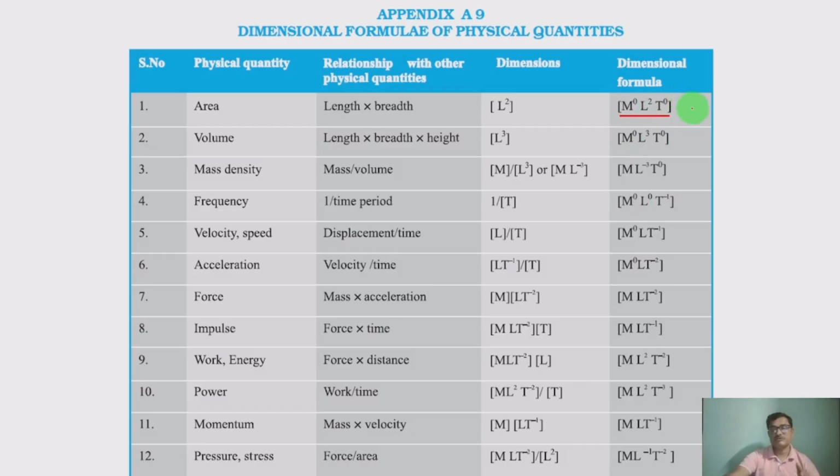In mechanics, we present these three main dimensions of the fundamental quantities, mass, length, and time, and from that we get the dimensional formula commonly. For higher order or a large number of physical quantities, the dimensional formula will have the other base quantities also.